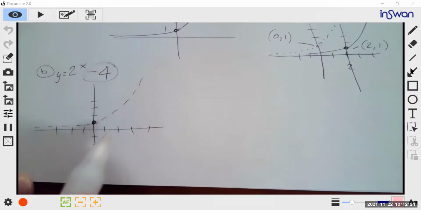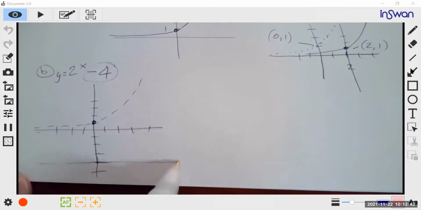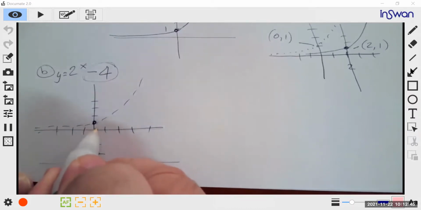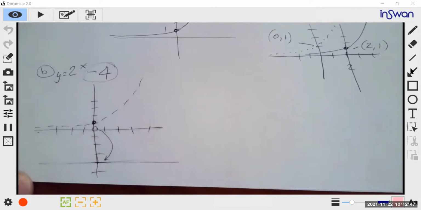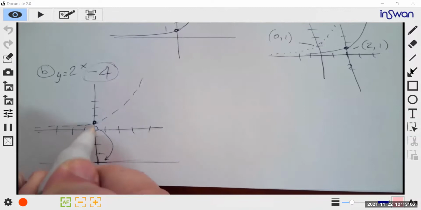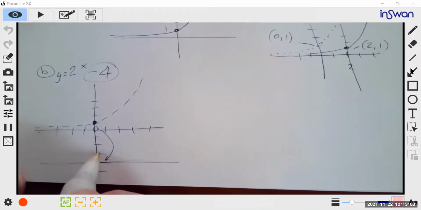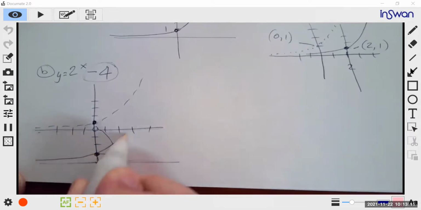Go down 4 spaces. So the x-axis drops down 4 spaces. 1, 2, 3, 4. There's the new x-axis. Remember, it's always the origin that shifts. The new origin's down here. The graph remains the same. It's always one step above the x-axis. So if here's the new x-axis, there's my y-intercept, and there's my new graph.